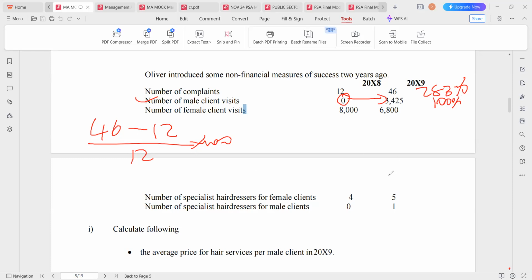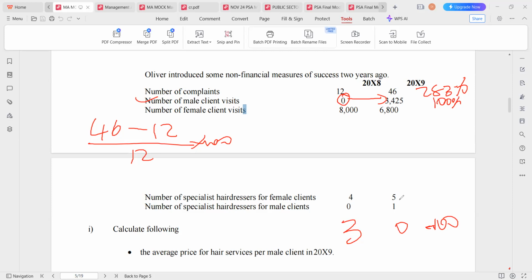And anytime it moves from any figure, say 3, to 0, there has been a negative 100% change. Then from 0 to any number is positive 100.